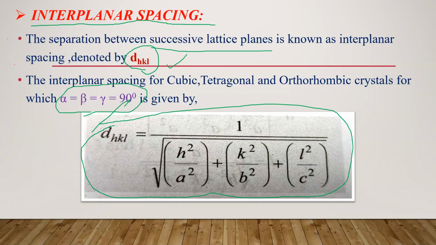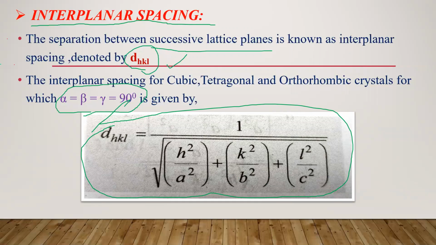Here h, k, l is the plane, and a, b, c are called the lattice parameters, the axial lengths. In this way, we can calculate the interplanar spacing between any two successive lattice planes of a cubic, tetragonal or orthorhombic crystal by using this formula.